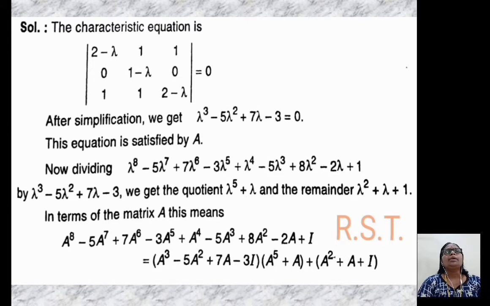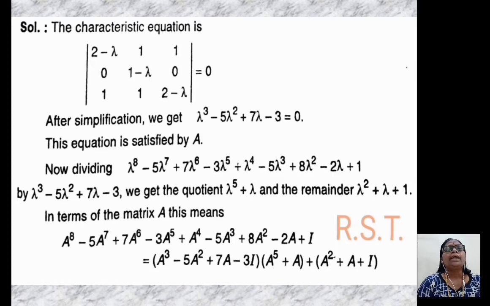And determinant of A minus lambda I equal to 0 is the characteristic equation of given matrix. After simplifying this determinant, we get lambda cube minus 5 lambda square plus 7 lambda minus 3 equal to 0. This is the characteristic equation of given matrix A.